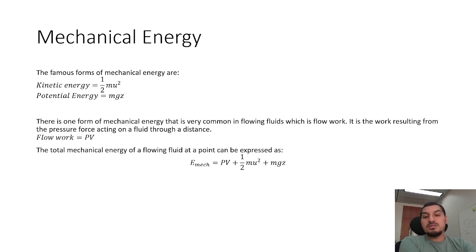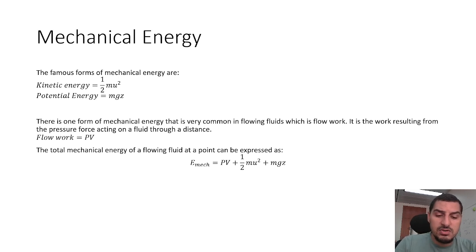The units of this mechanical energy are units of energy, joule, for example. If you check the units, this is kilogram meter squared per second squared, so it's Newton meter, which is joule. So this is the total energy.